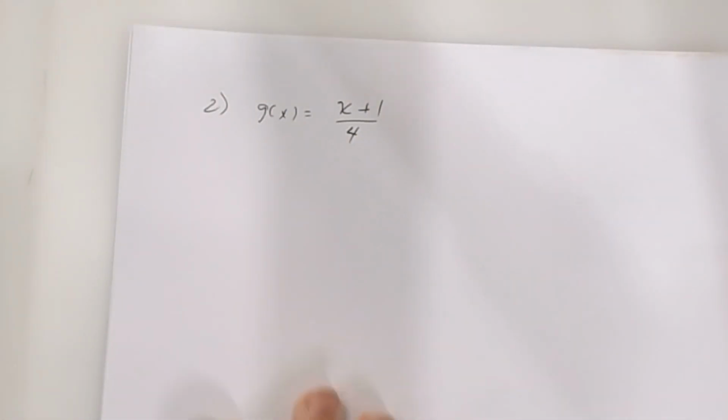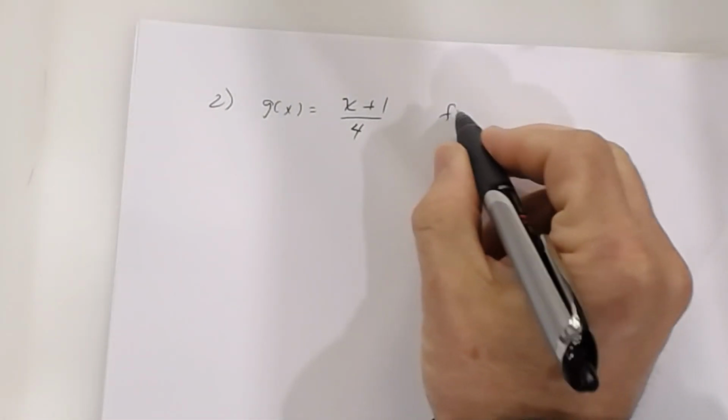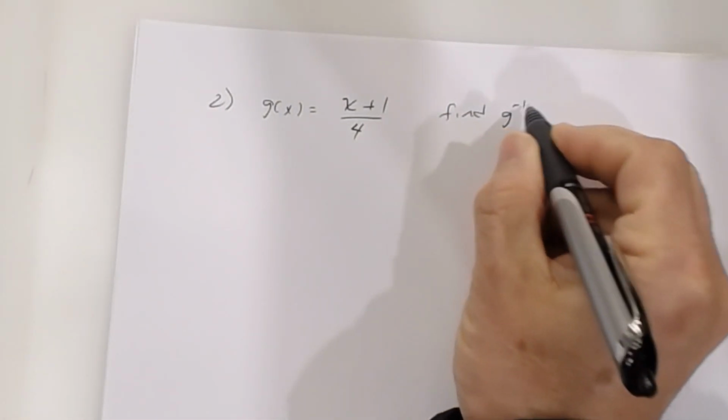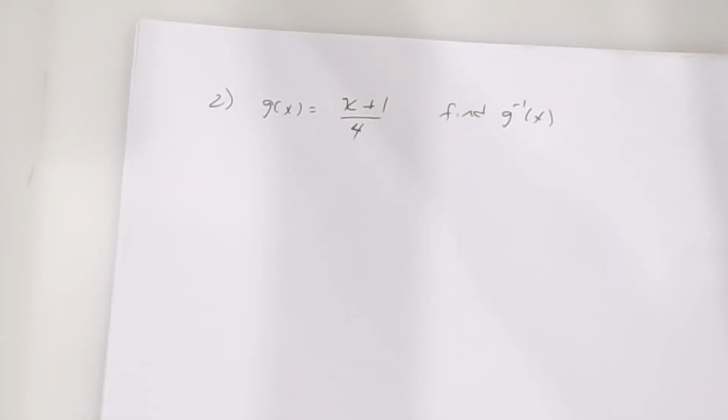And you want to find the inverse. We're not going to graph it because you already know how to graph lines, and we just talked about the line of symmetry. So I'm just going to ask you to find the inverse. And we're going to find the inverse by inspection.